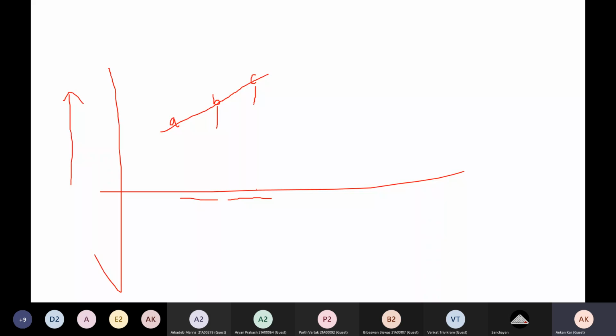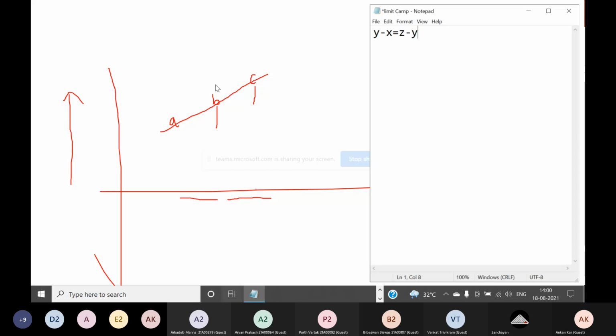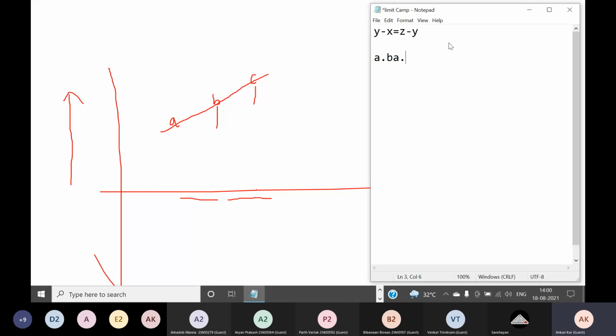So there will be cases like A greater than B greater than C. There will be another case where, well, we don't need that. We will be needing A greater than C, and under it there will be two cases.